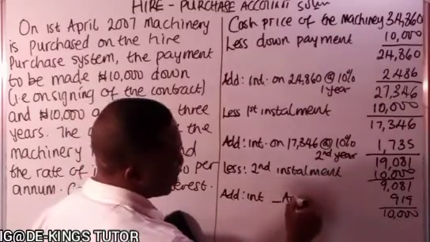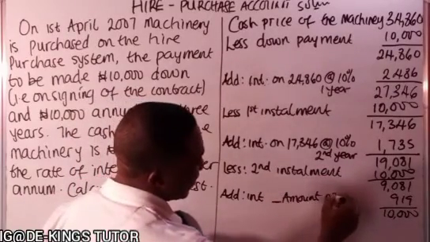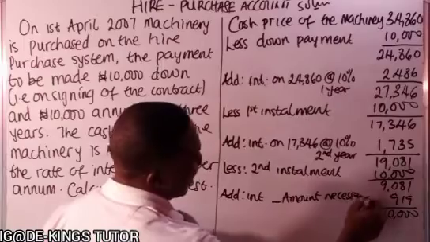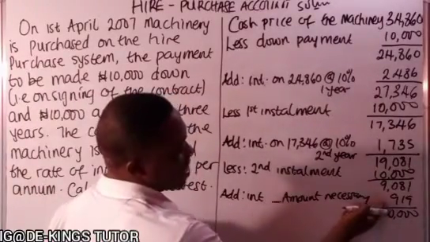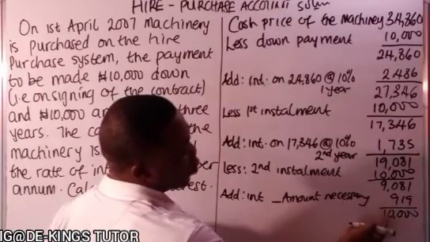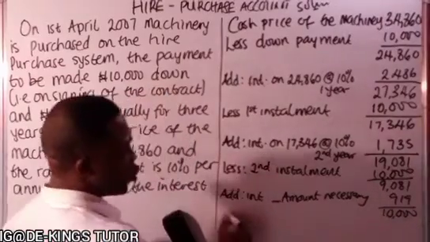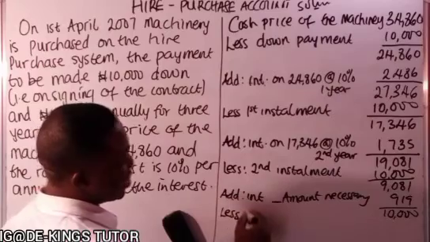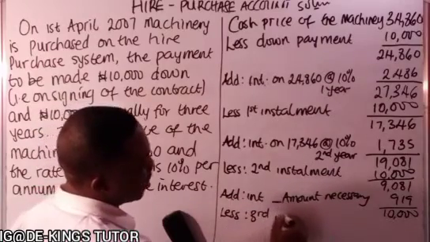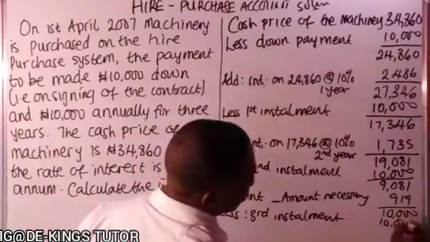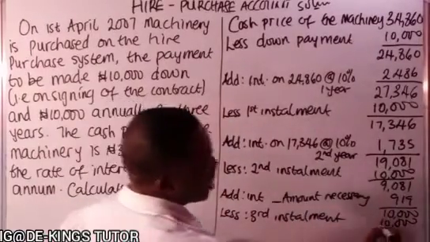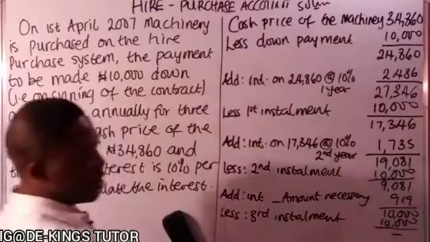We'll call it the amount necessary, not actually on the 10%, but the amount that serves as interest so that it gives you 10,000. Less third instalment of 10,000, 10,000 minus 10,000 is 0.